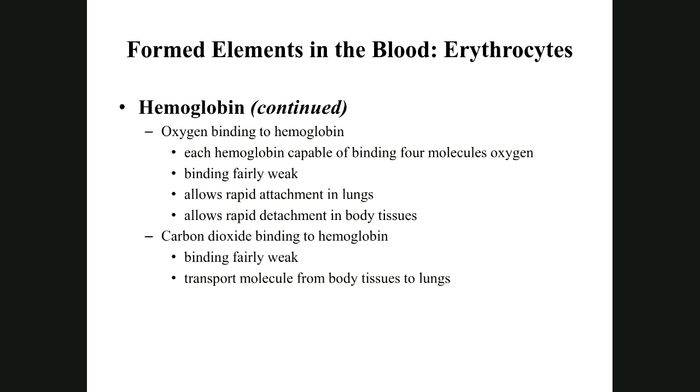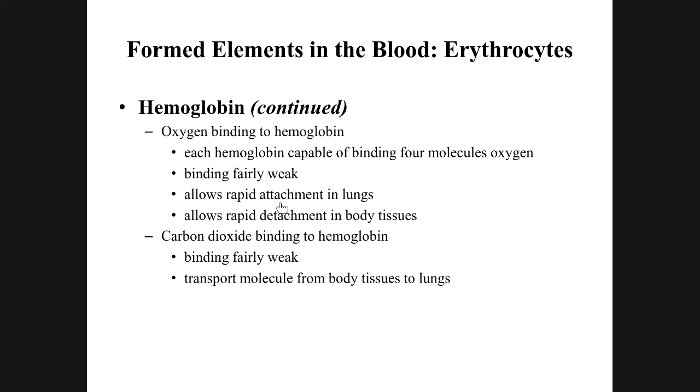Okay, so again, oxygen can bind and unbind to hemoglobin very quickly. Now, the reason it can do that is because the binding between the oxygen and the hemoglobin is very weak. So this allows it to associate and dissociate quickly, to attach and detach very quickly. When we go through the lungs, we can quickly pick up the oxygen because it's only got a split second, right?